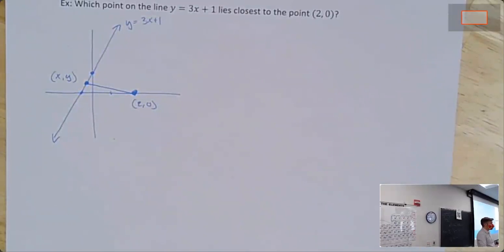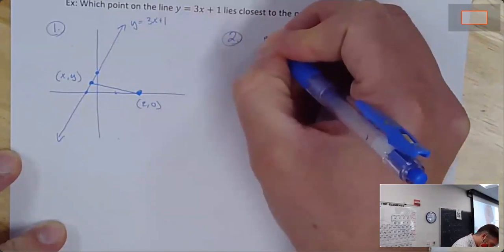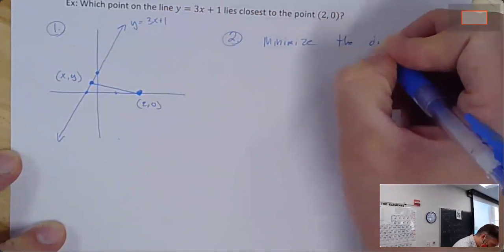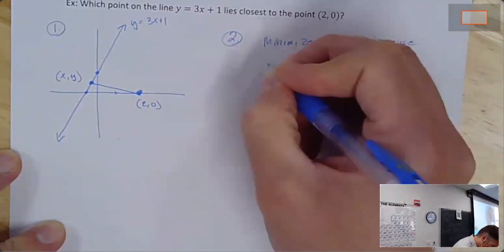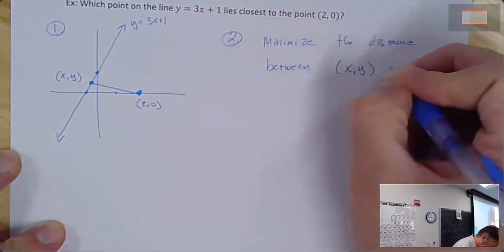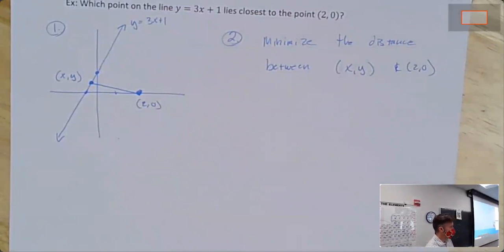If you're ever trying to find a point that is closest to another point, what you're really trying to do is minimize the distance between x, y and 2, 0. That's what we're trying to do.